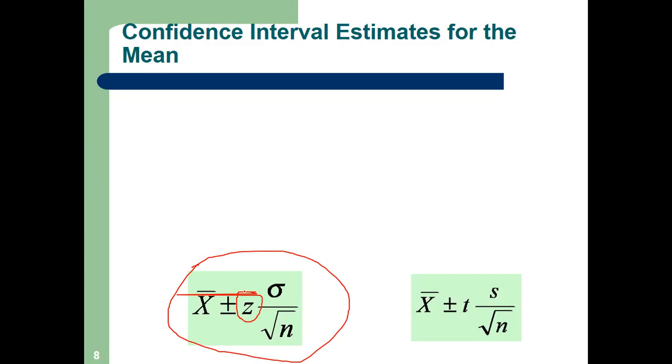And if the Z value is high, my interval is also wide. Are you getting what I'm trying to say? Because my Z is in the numerator, if I increase the confidence level, my Z value will increase, and correspondingly my interval will also increase.